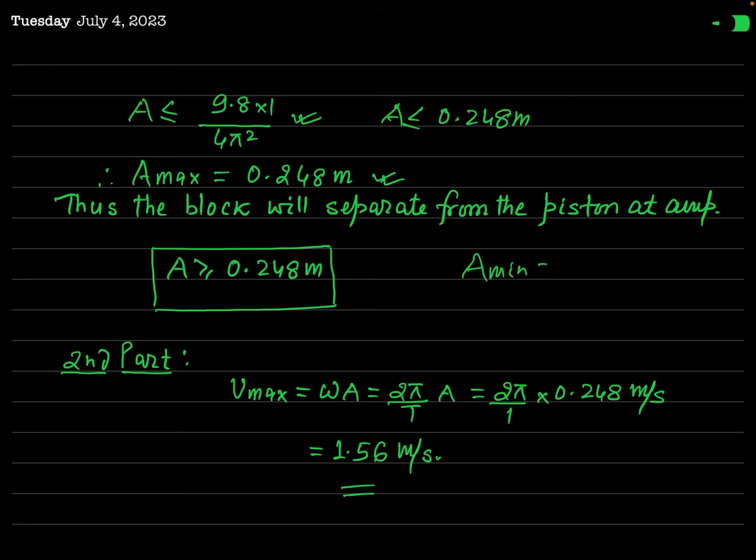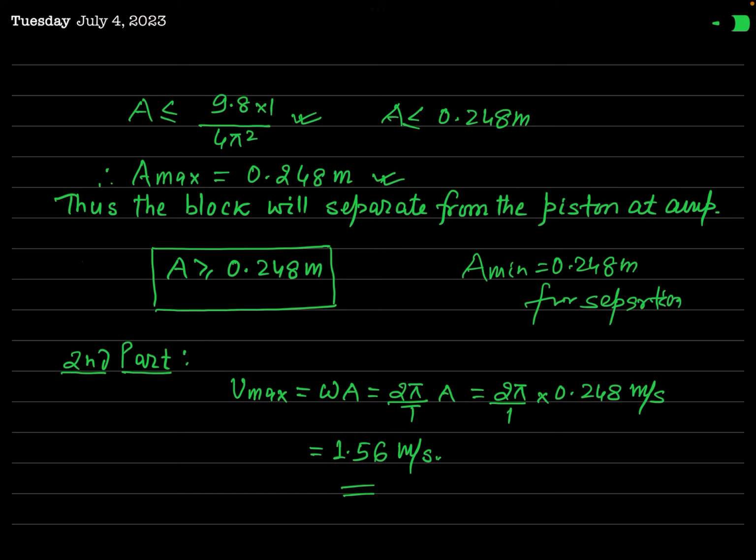So A minimum equals 0.248 meter for separation. Okay, for separation.